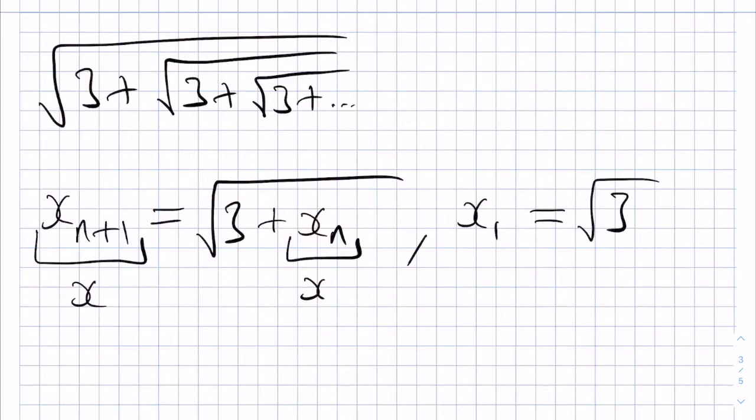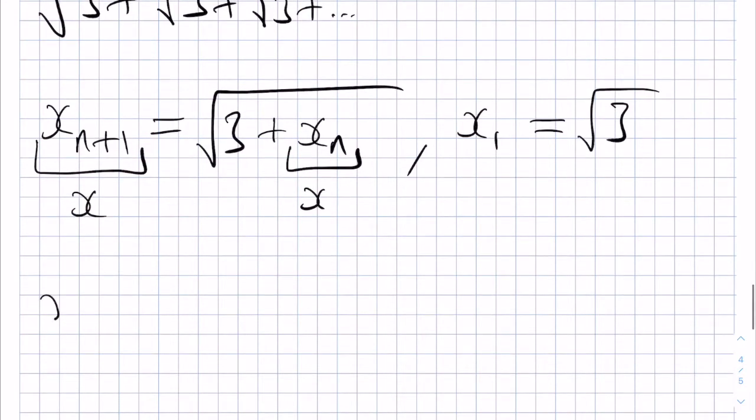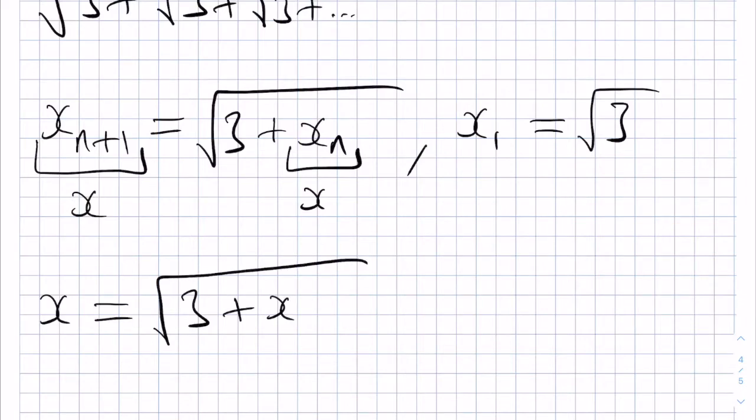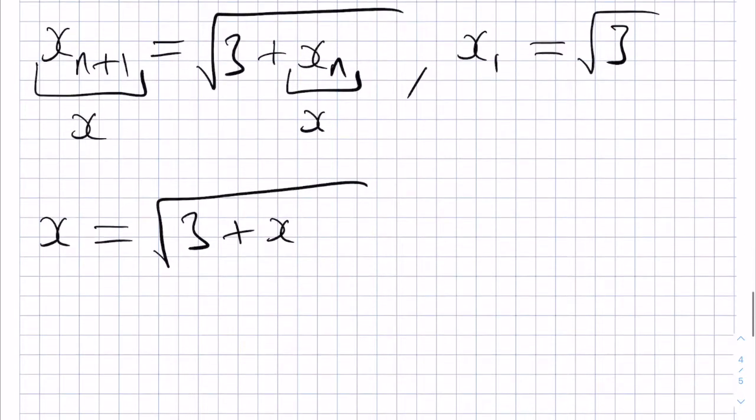So, in order to find the limit of this sequence x, we need to solve the equation x on the left-hand side equals the square root of 3 plus x. If we square this equation and rearrange, we get x squared minus x minus 3 equals 0.